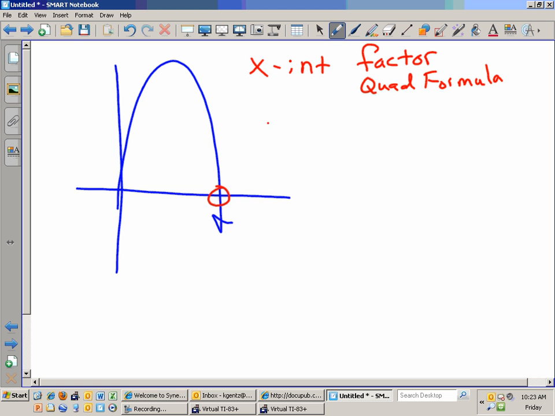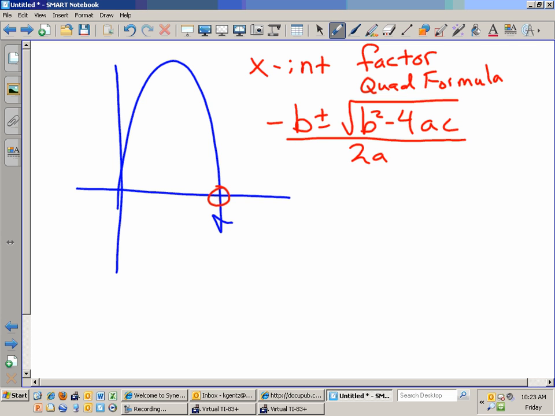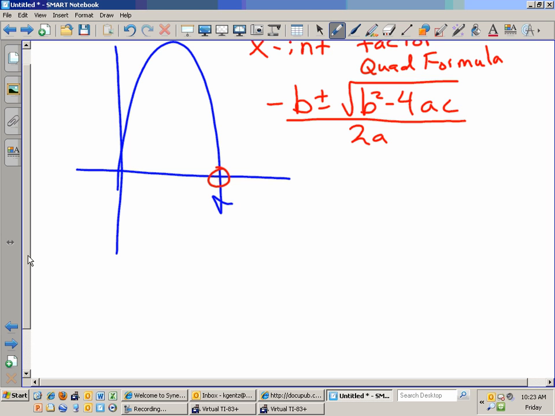So quadratic formula is negative b plus or minus square root of b squared minus 4ac, all divided by twice the a value. That's what we have. And our function is negative 16t squared plus 40t plus 5. Let's plug it in the quadratic formula and see what we get, and then we'll know when it hits the ground.